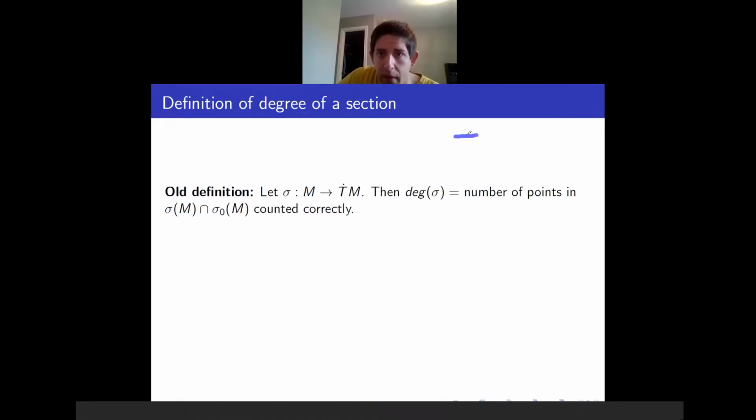So we have the manifold, and we have our section, sigma, and we're counting how many times sigma is 0, which is the same thing as saying we're going to count how many times the image of sigma intersects the image of sigma 0.